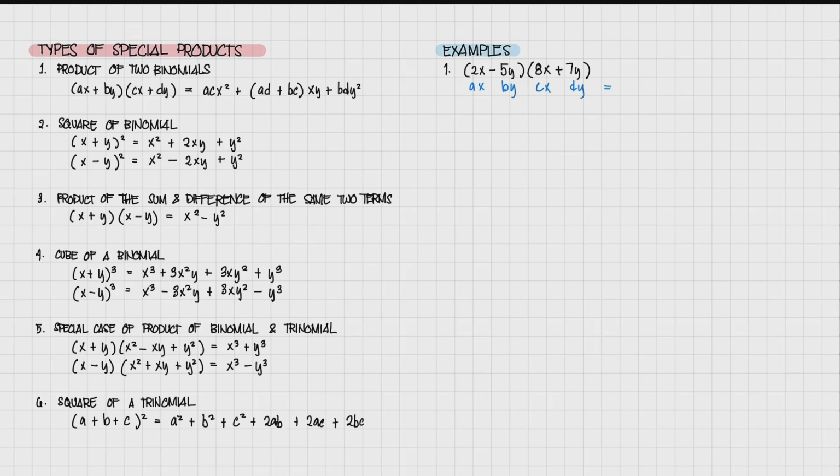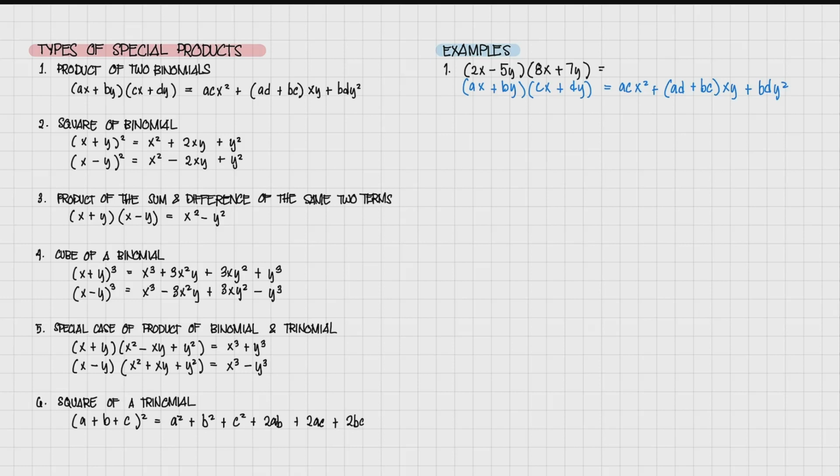This should be equal to AC x squared plus (AD plus BC) times XY plus BD y squared. We're just going to follow this pattern in solving for the product of these two binomials.